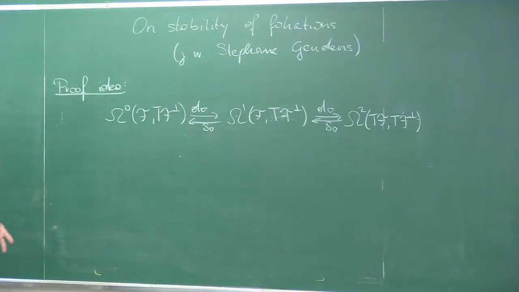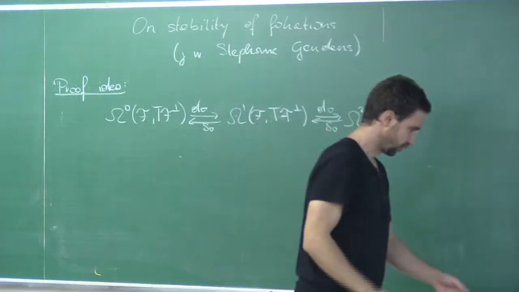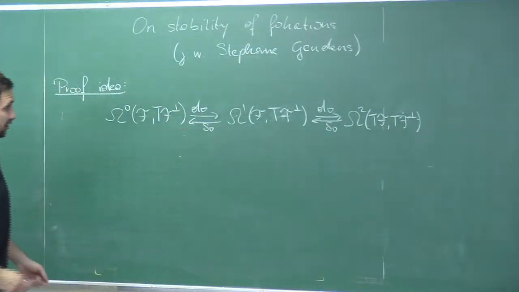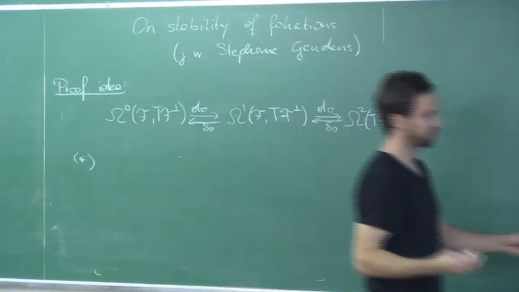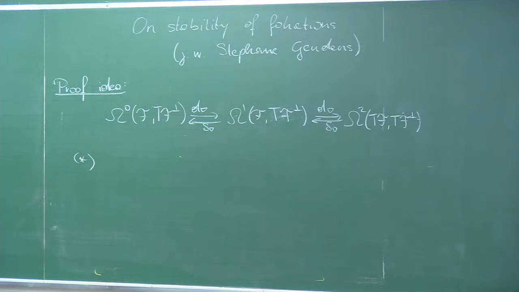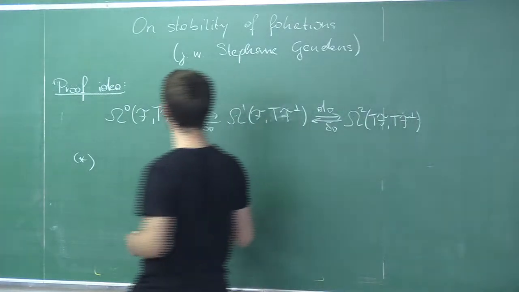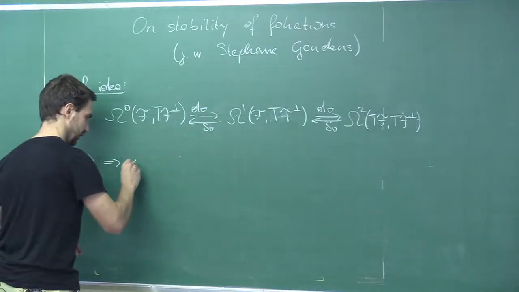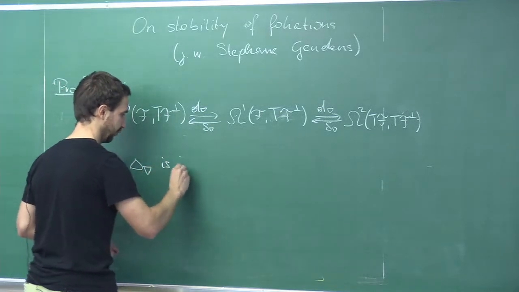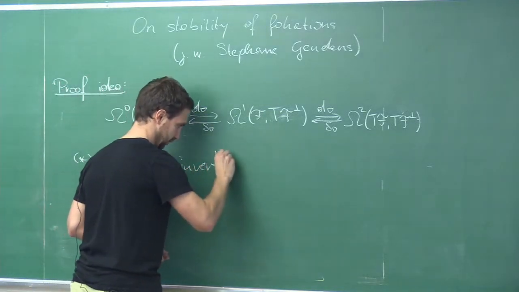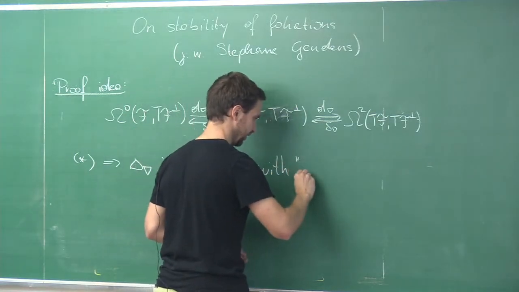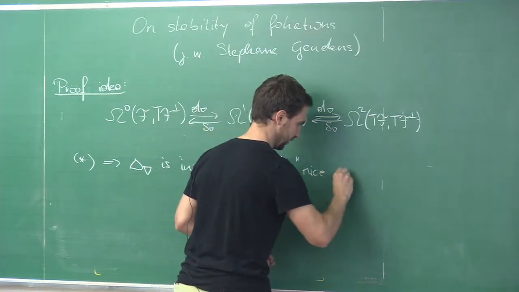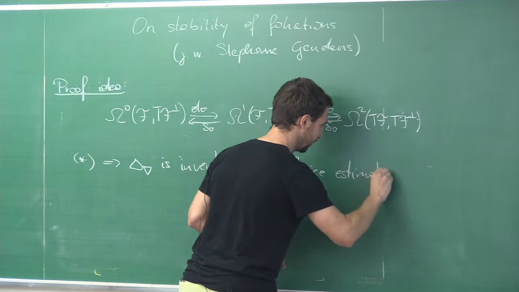So using the differential and the co-differential, Hamilton proves that this estimate here, which I should denote by star maybe, implies that the corresponding Laplacian is invertible, let's say with nice estimates for the moment being.